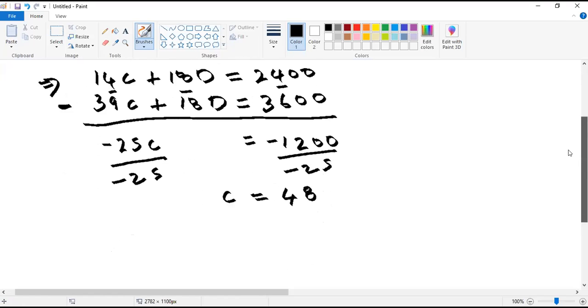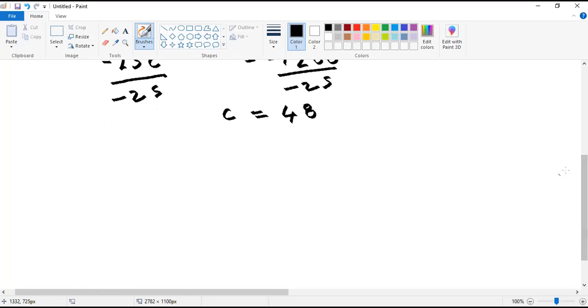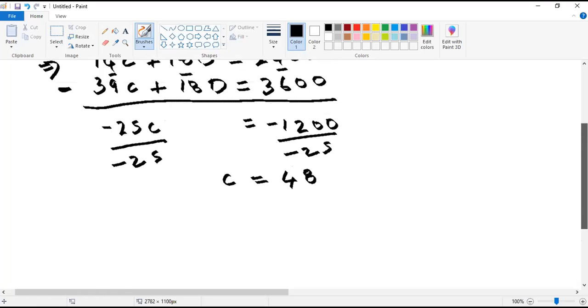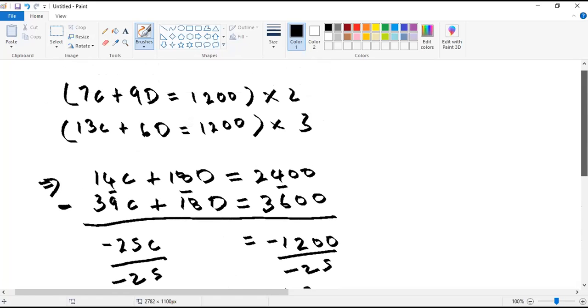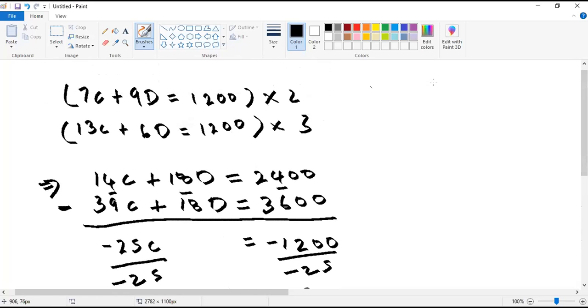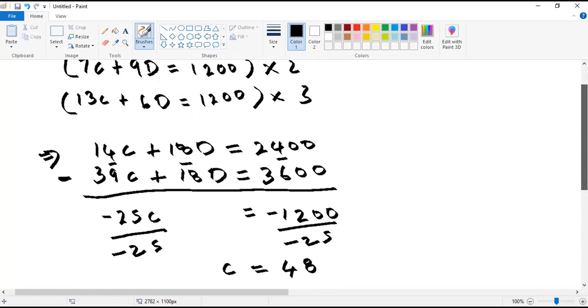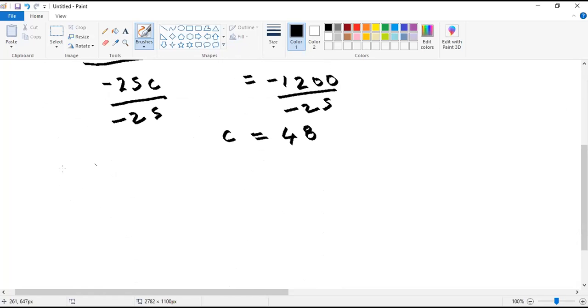After we find that, we substitute C into one of these equations. We can use one of the simpler equations up top, probably 7C plus 9D. So we substitute C equals 48 into equation one.